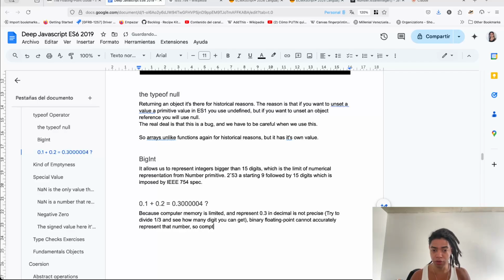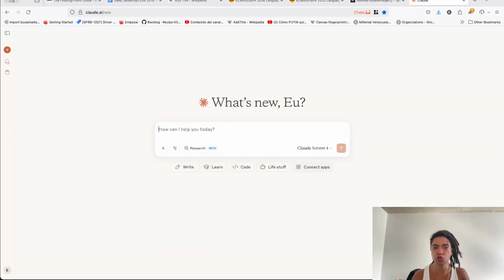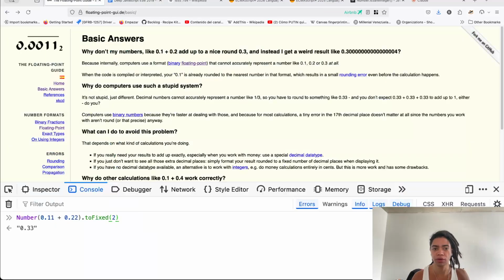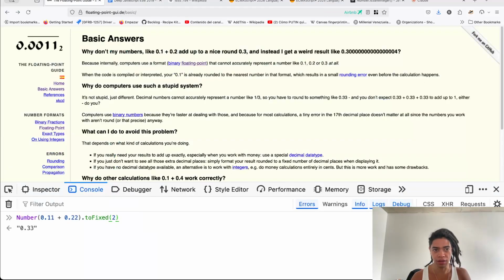So computers, or whatever language you use, whether it's an interpreter or not, when the code is compiled or interpreted, it rounds the value here.